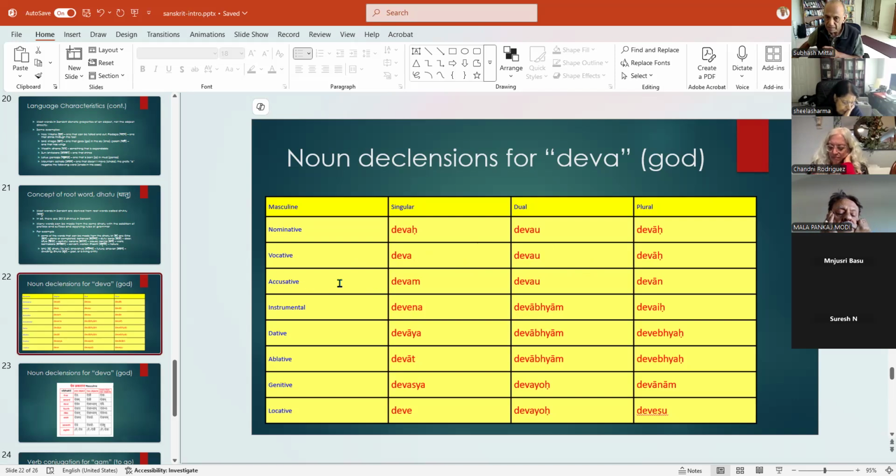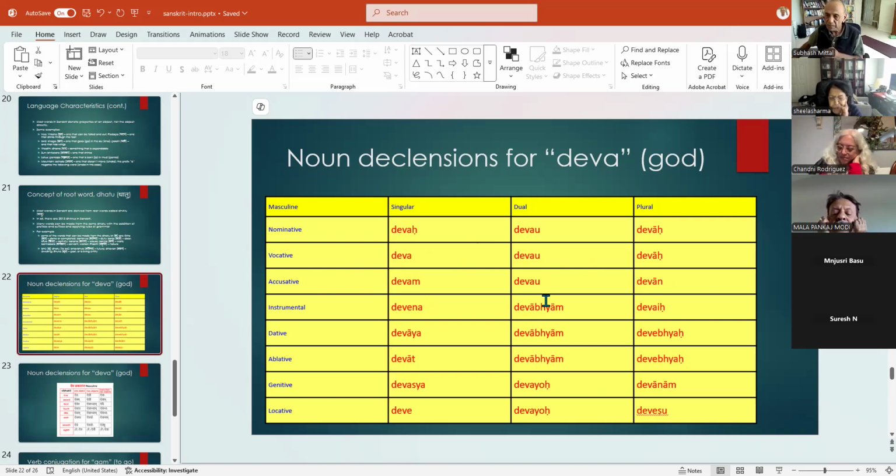And this line is accusative, which is who is receiving the action. So Devam, Devau, Devan.